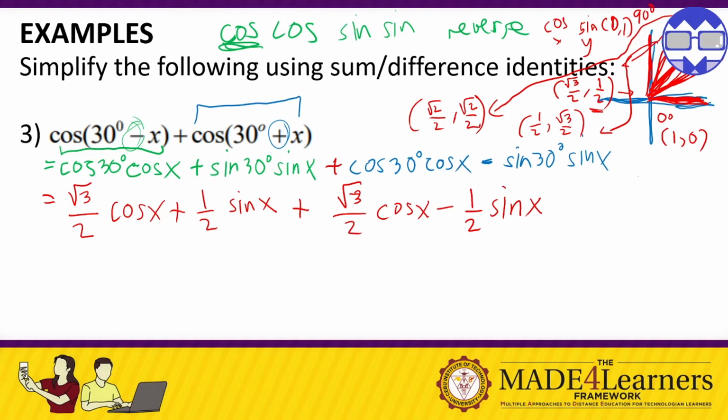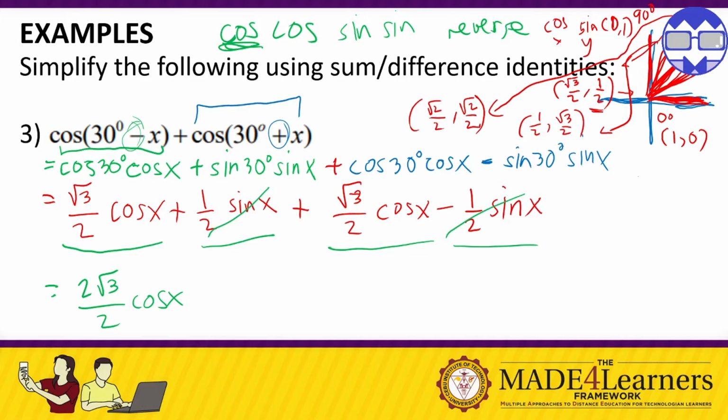Rearranging our terms, I'll rearrange. So we have square root of 3 over 2 plus square root of 3 over 2, we will have 2 square root of 3 over 2 cos x. Then we have 1/2 minus 1/2 sine x, so it's 0.